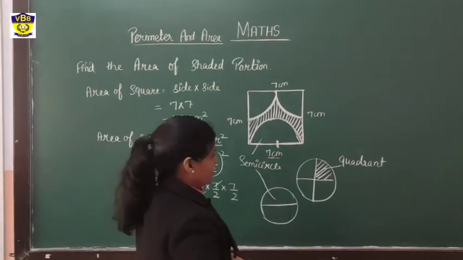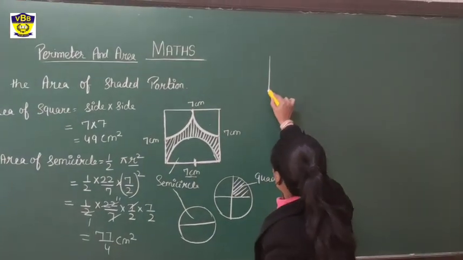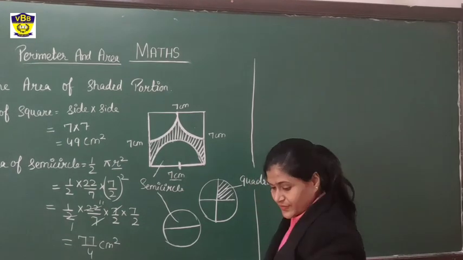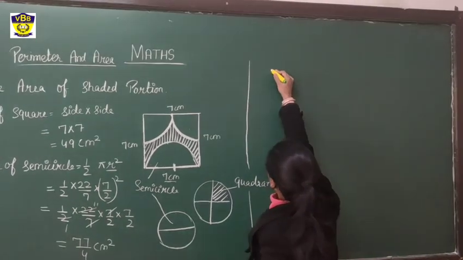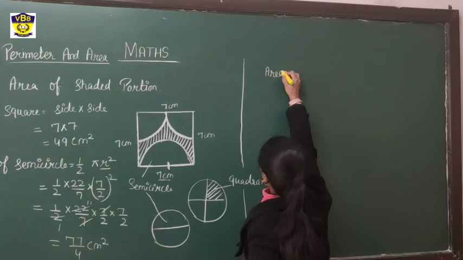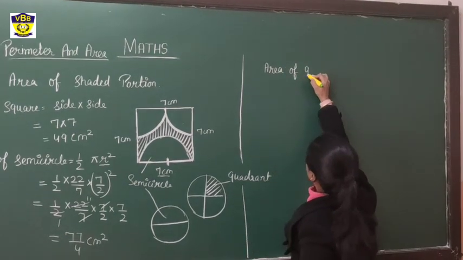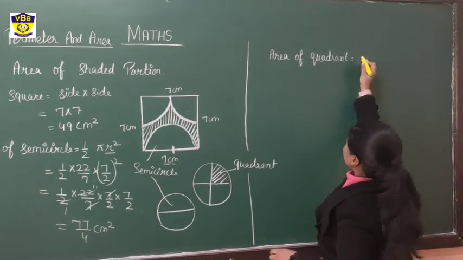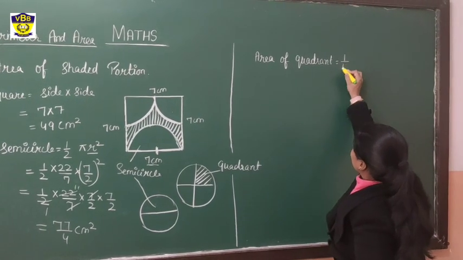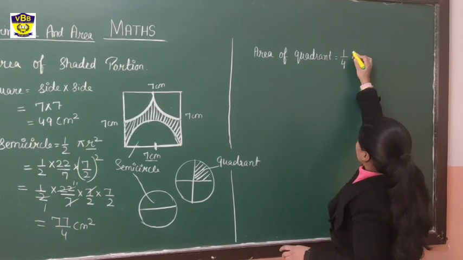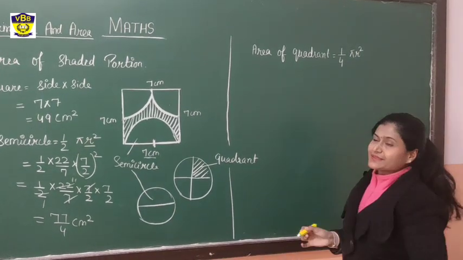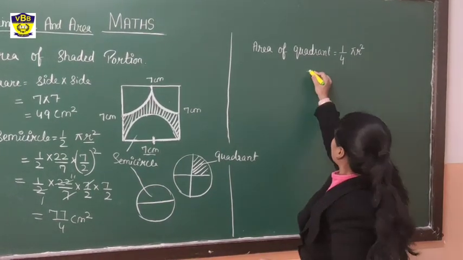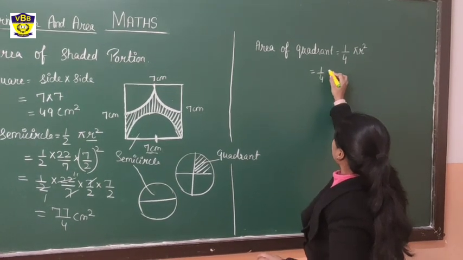Now we need to find out the area of a quadrant. I told you earlier, this is 1/4 of the area of a circle, that is pi r square. What is the value of r again?